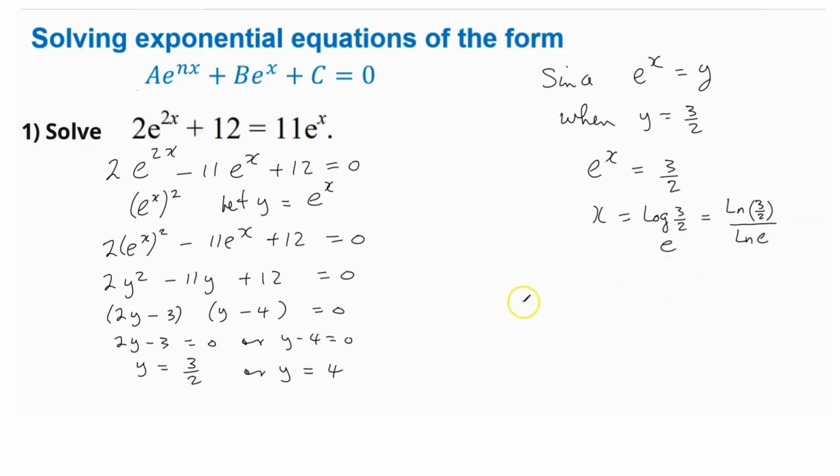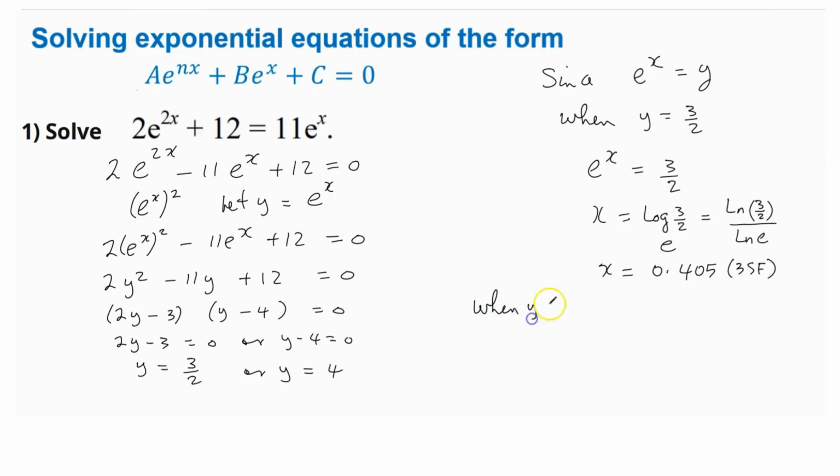Okay, so let us input this value in our calculator to get x. So when we input this in our calculator, we get 0.405 to 3 significant figures. Now let us work out the value of x when y is 4.